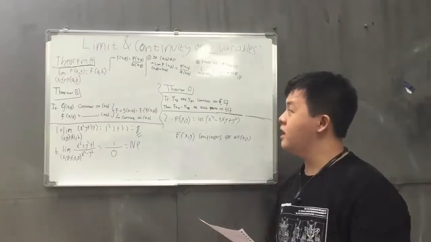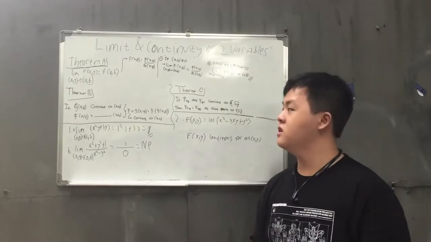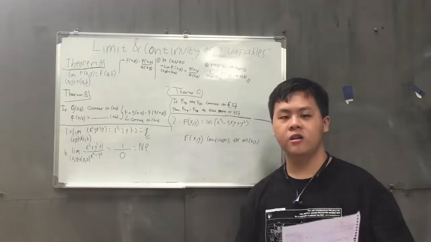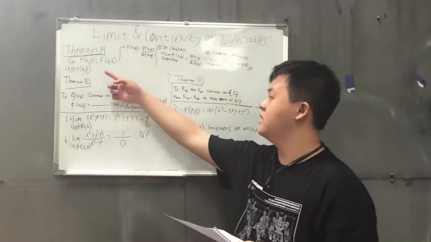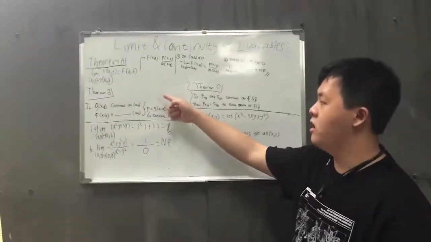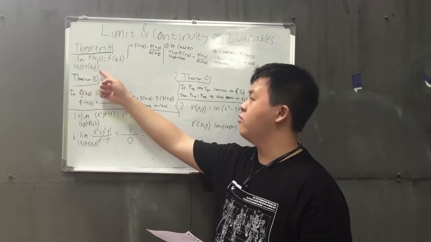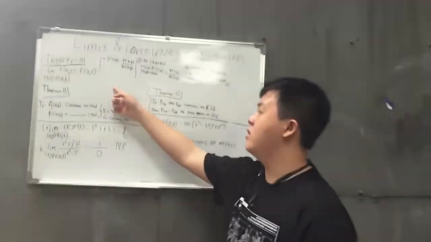So the next topic is about limit and continuity of two variables. In this topic, we're going to use 3 theorems. The first theorem is this: if the limit of a function f(x, y) as (x, y) goes to (a, b) equals f(a, b).